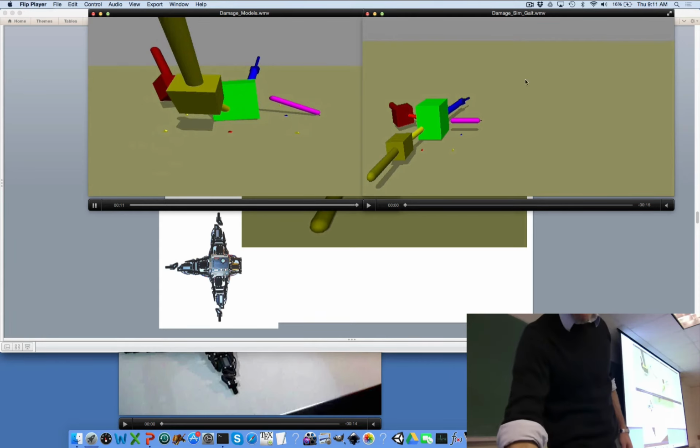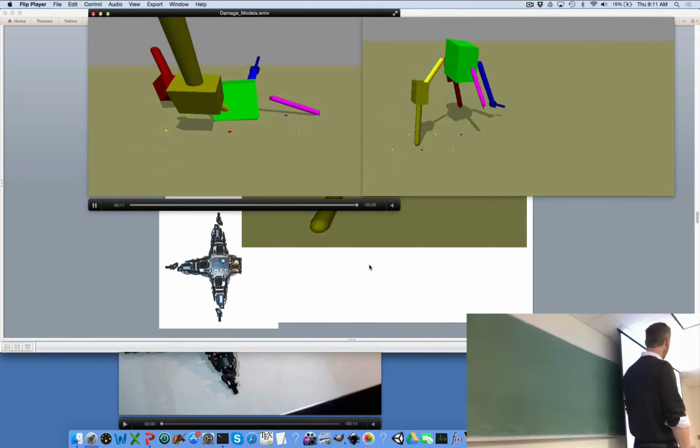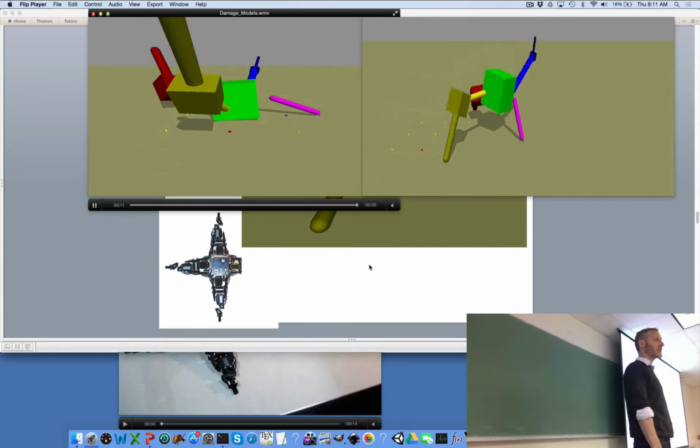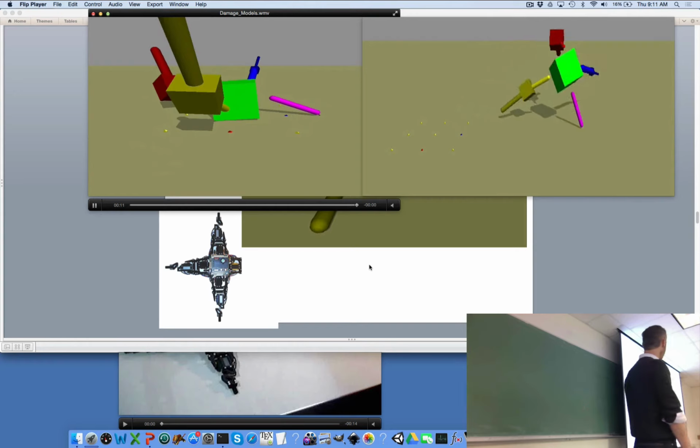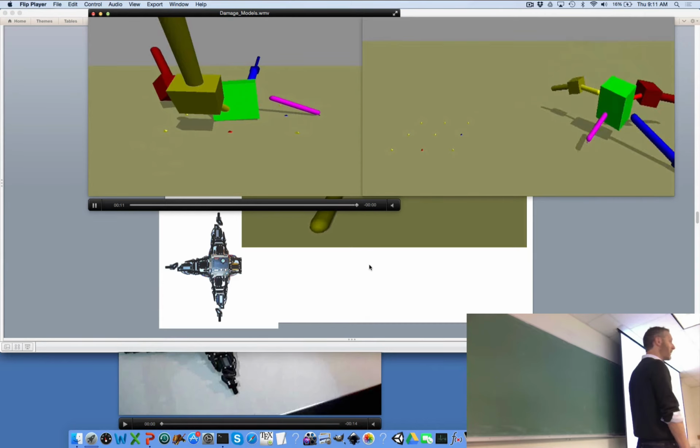And it evolves a completely new gait, which is this one here. You're all experts on physical simulation now. You can probably guess that these motors are way too strong. There's something else that's problematic with this gait. What is it? It's going in a circle, right?